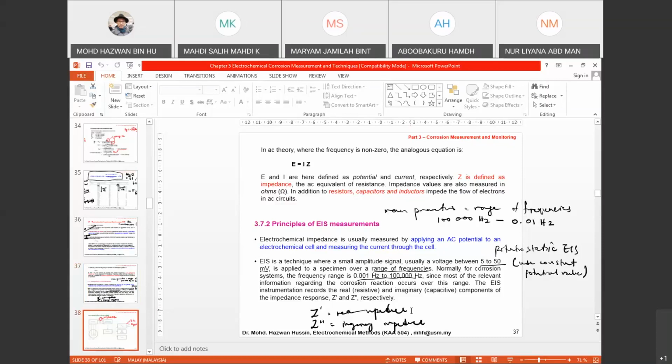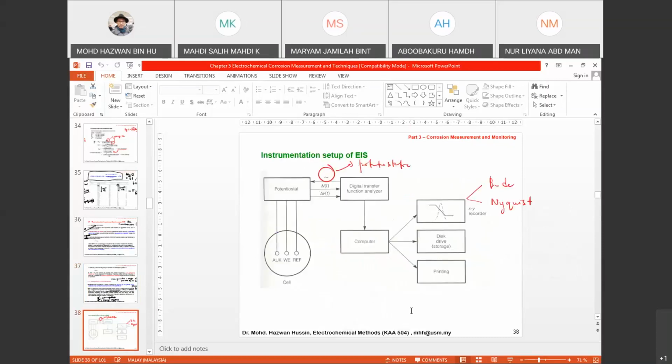So basically, how can you get real impedance and imaginary impedance? As I've told you in the experimental setup, you have a cell, and the cell is supplied with alternating current, and you set it at a different frequency range.